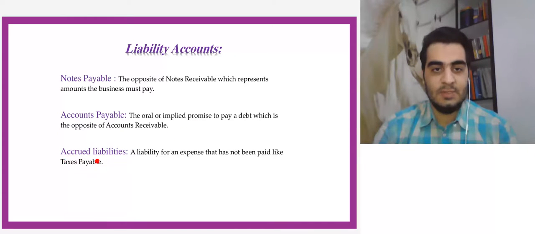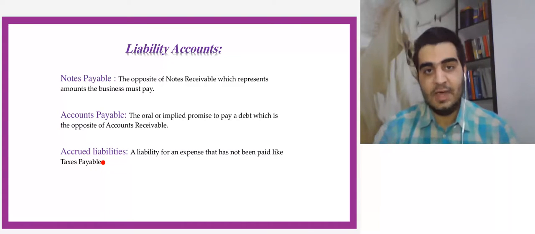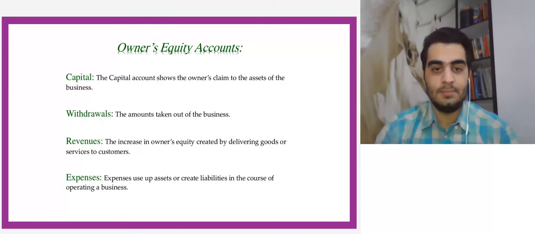The last one is accrued liabilities, which are expenses that have not been paid, like taxes payable or interest payable. We haven't paid these yet, so we call them accrued liabilities.